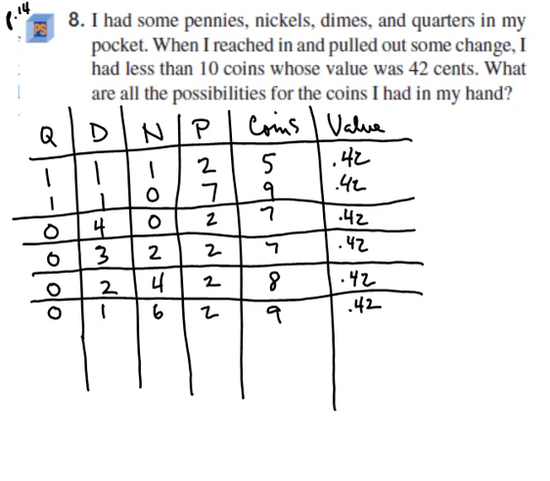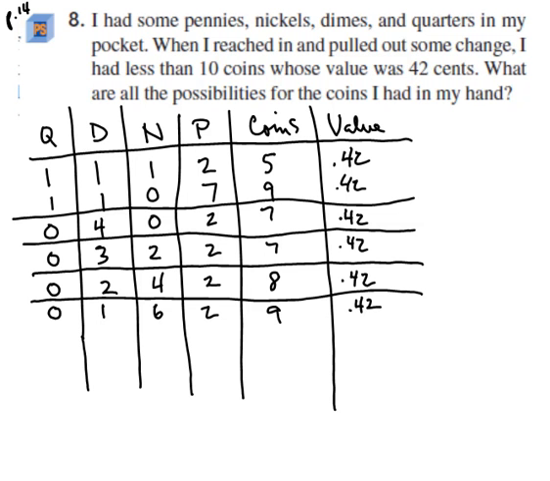Right? So I think that that's all that can happen, because if I took 1 less nickel and added 5 more pennies, I'm going to be over the amount that I needed. So there were 2 ways of doing 1 quarter and 1 dime that were acceptable. There was only 1 way of doing 4 dimes and 2 pennies.